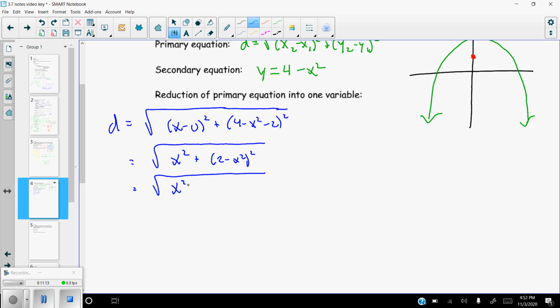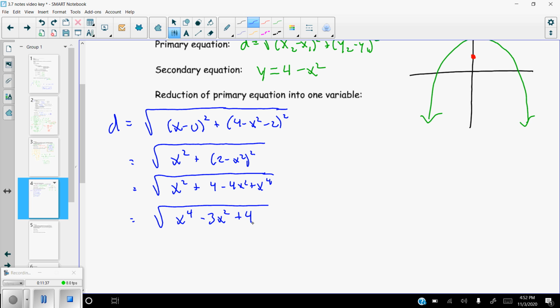We're going to get x squared here, and then 4 minus 4x squared plus x to the 4th. So combining like terms and reorganizing, we're going to get x to the 4th, negative 3x squared when I combine those x squared terms, and then plus 4.